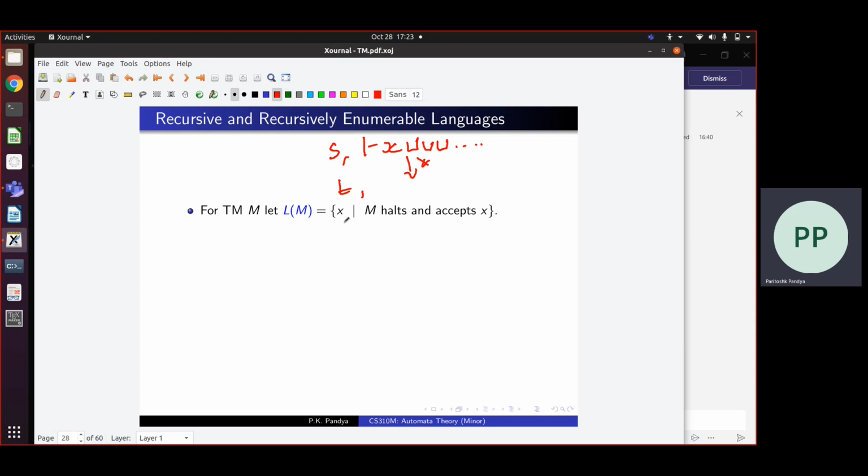So the language of the Turing machine consists of all the words starting with which the Turing machine halts and accepts.